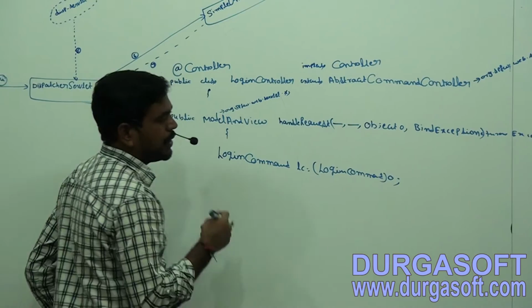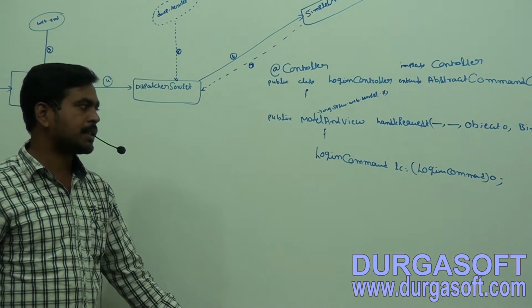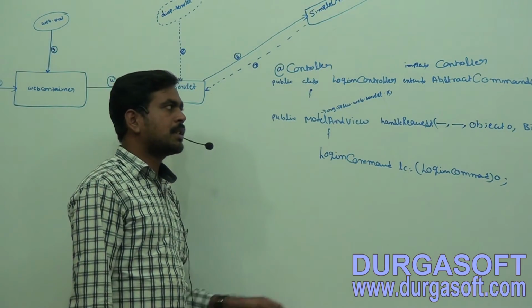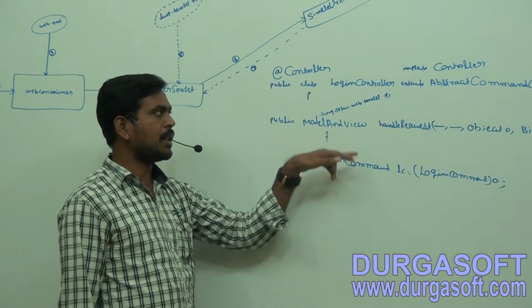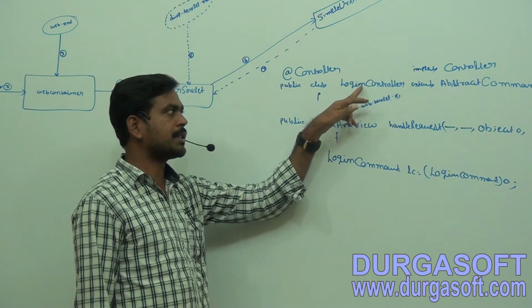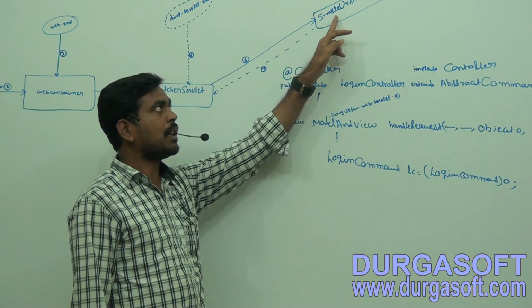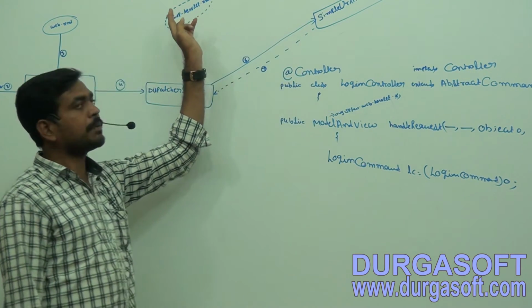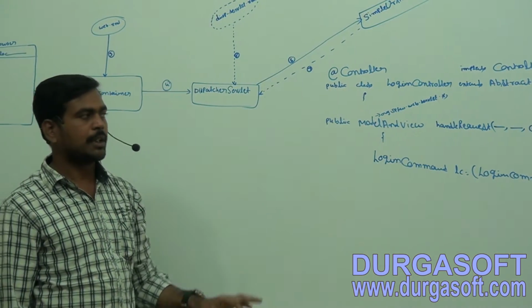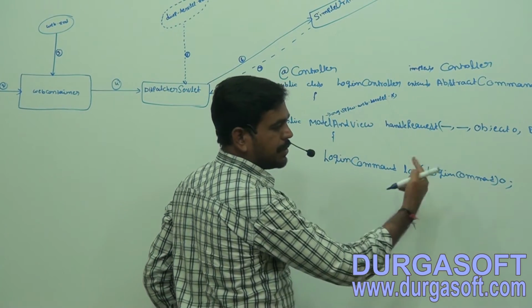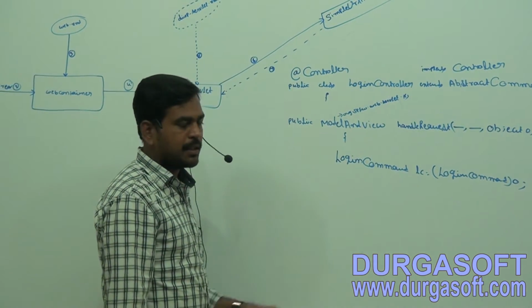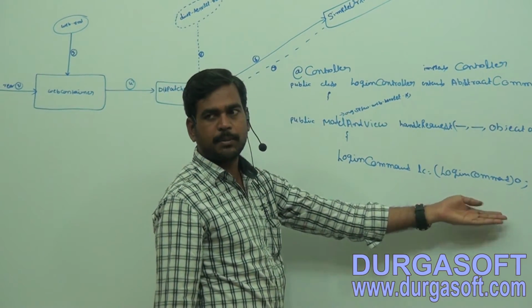This is a POJO class, right? This is the controller, and this is the POJO class. We have to configure this controller, this POJO class, and this SimpleUrlHandlerMapping, everything, inside this dispatcher-servlet.xml. Generally we typecast the object of the Object class; in the same way here I am typecasting it.